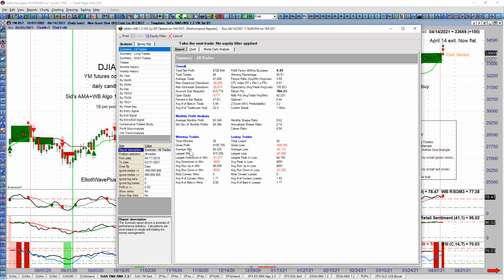And it shows right here, the average win is $4,325. That's one YM contract at a time. The average loss, $1,172. That's a 3-to-1 risk to reward.